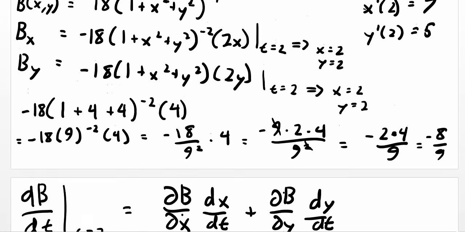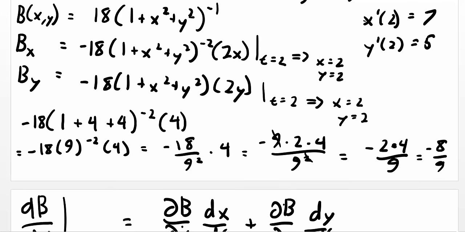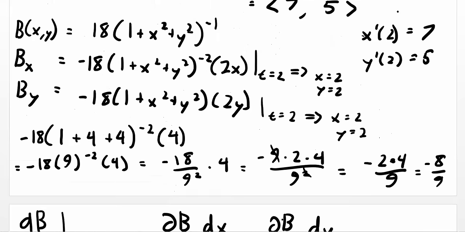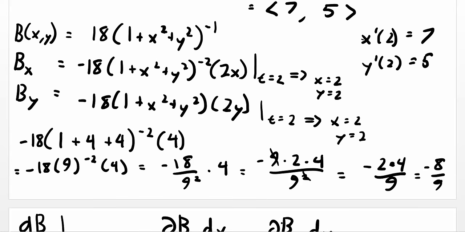We do, however, have x prime evaluated at 2, which is 7, and y prime evaluated at 2, which is 5. So we're going to plug those numbers in for dx dt and dy dt.